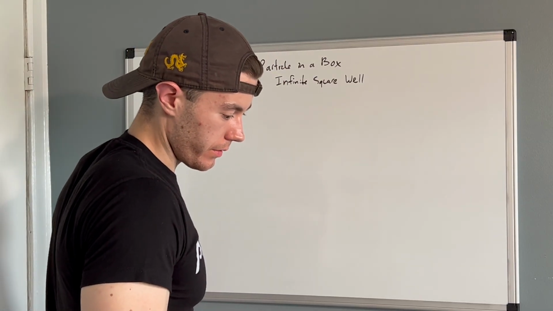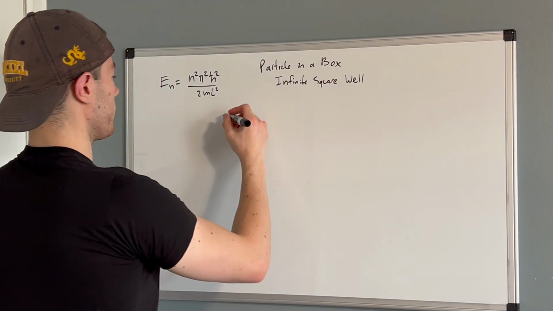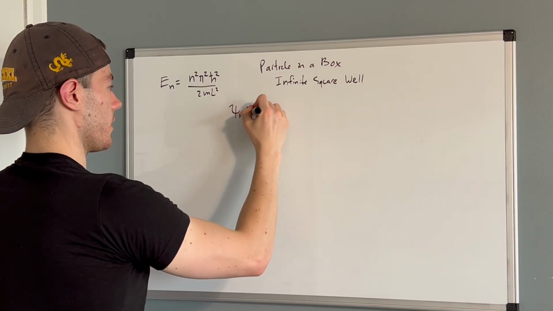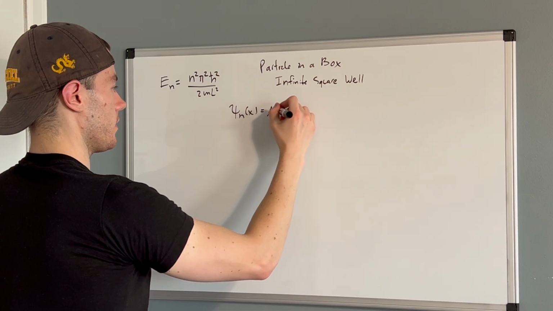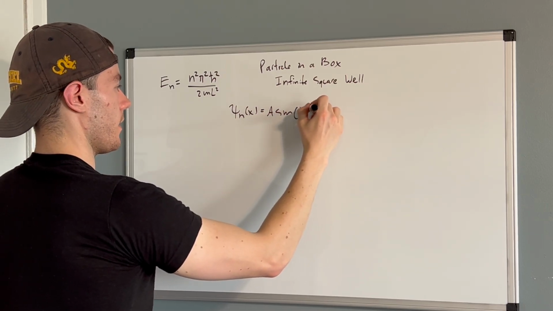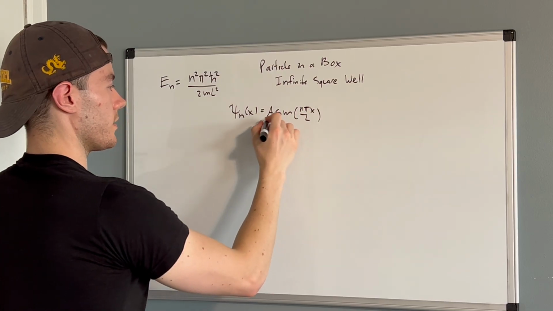Okay, part B is going to be to normalize the wave function. Remember, psi n of x equals A sine n pi x over L. What is A?